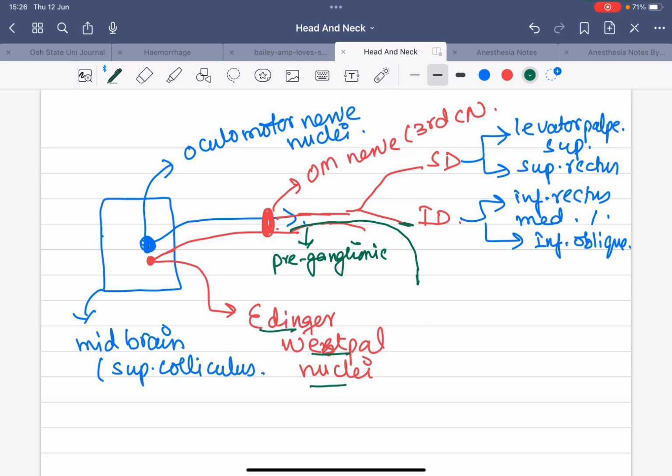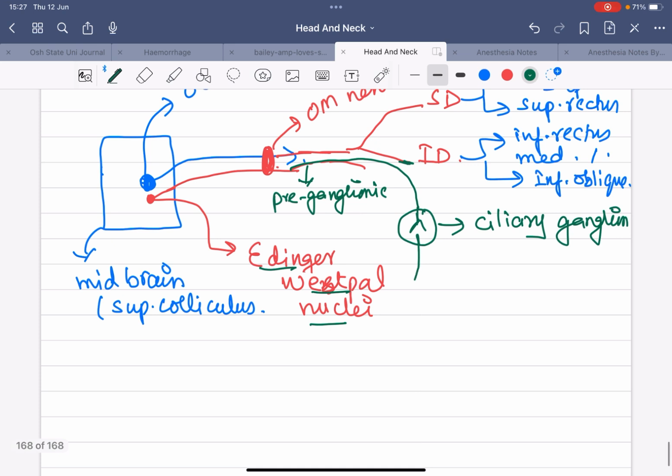And now the fibers are relaying in the ciliary ganglion. So this is your ciliary ganglion. After the ciliary ganglion, see here, it is going through these nerves. These are your short ciliary nerves. And now it is going to innervate these two muscles.